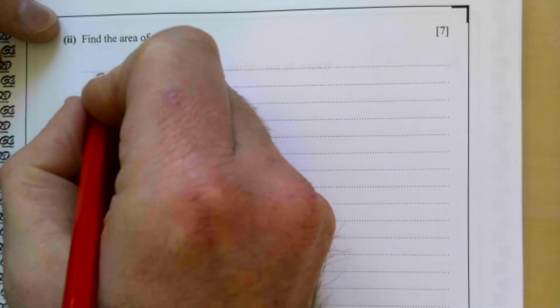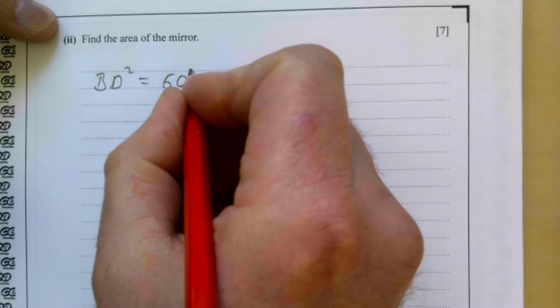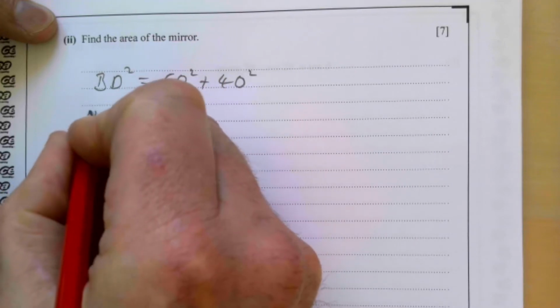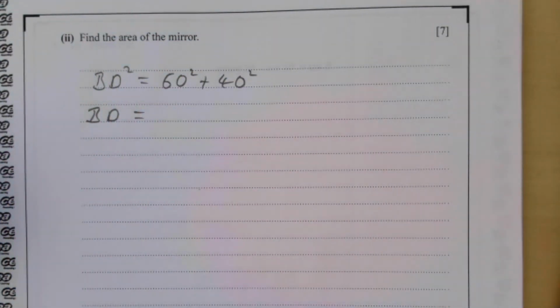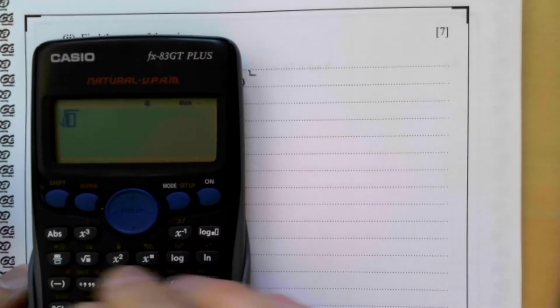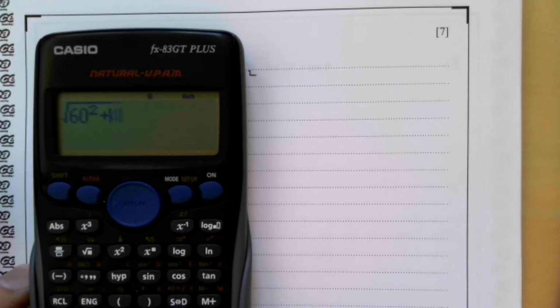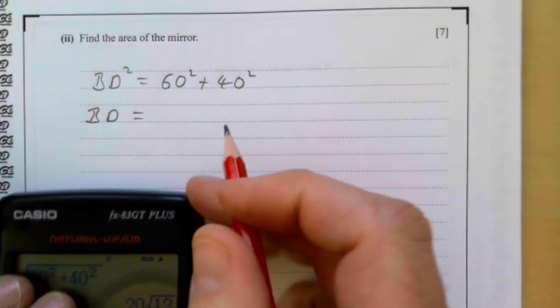So BD squared is going to equal 60 squared plus 40 squared, and then if we find our square root, we get 20 root 13.